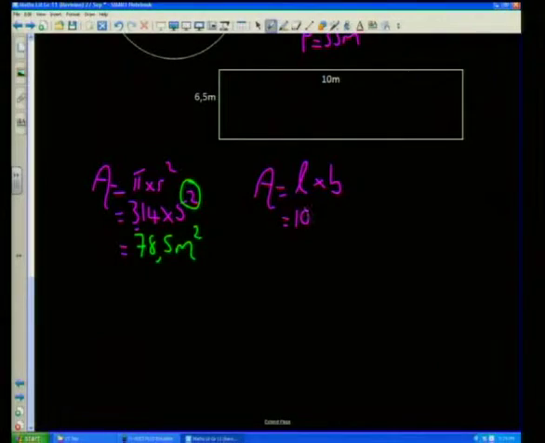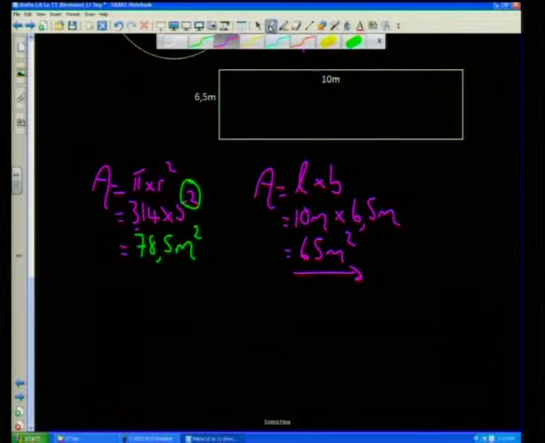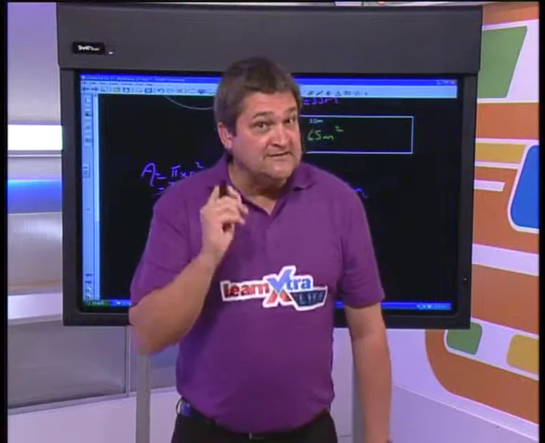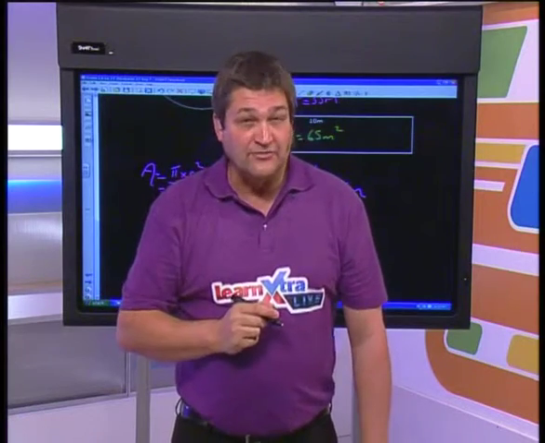It's 10 meters, times the breadth. How wide is it? 6,5 meters. And you should be able to do this. 10 times 6,5, 65 meters squared. So let's write that into our shape as well. The area is 65 meters squared. Remember, folk, we've got to deal with meters squared because we're dealing with area.